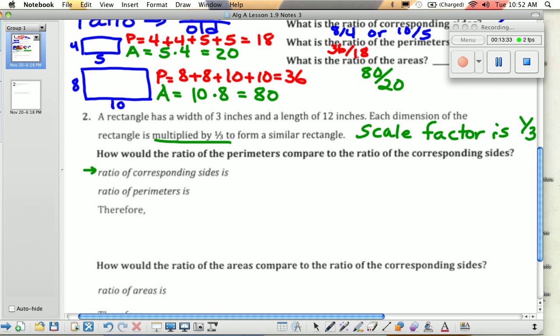Look at the very first thing we talked about in our notes. What's at the very top? Ratio of corresponding sides is the same as what? The scale factor. What's our scale factor? 1/3. So the ratio of corresponding sides should be 1/3, shouldn't it?